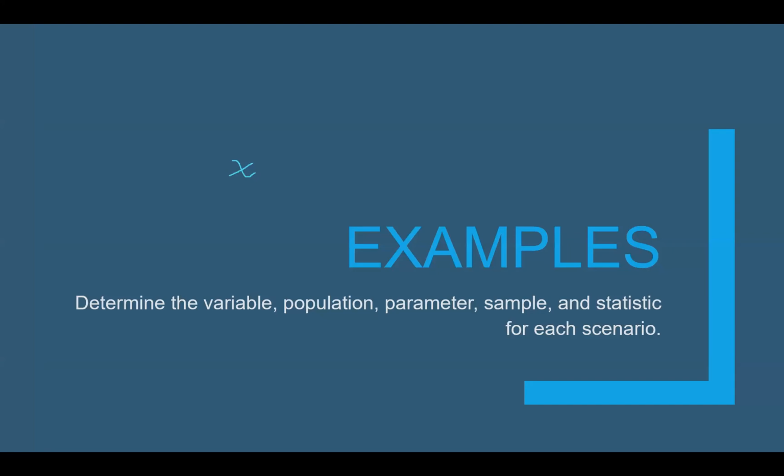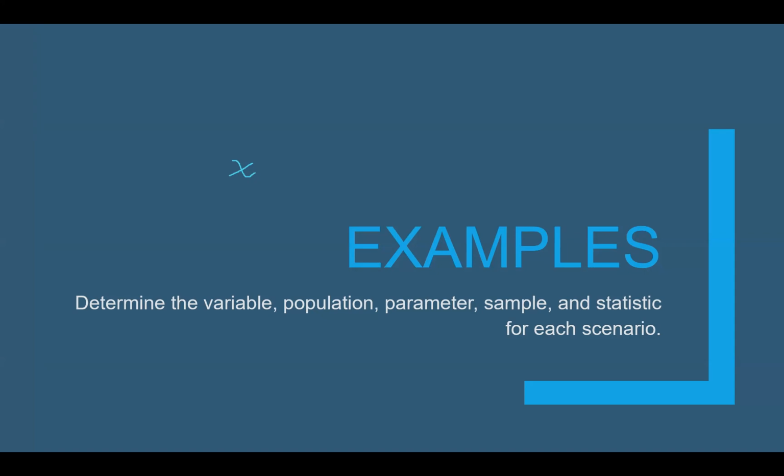Okay, so I want us to take a look at some examples, and these examples are similar to what you would see in your practice problems and your homework related to this section. So this will give you a sense of what to expect.